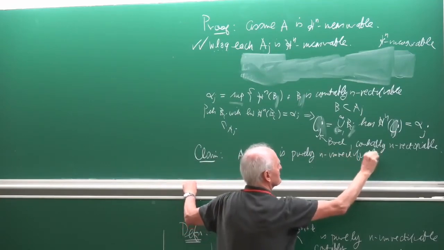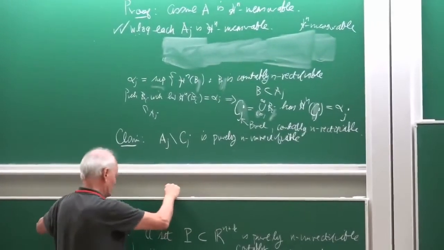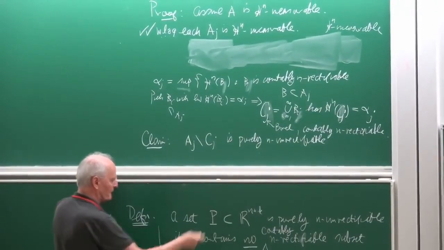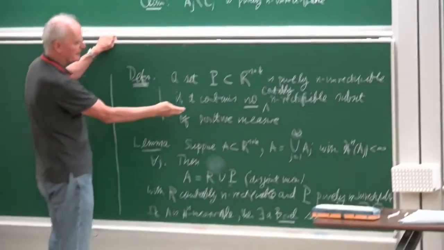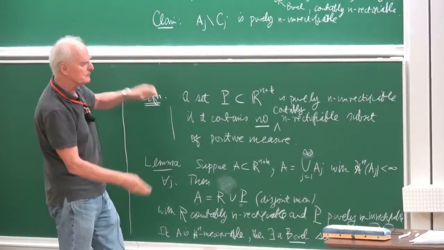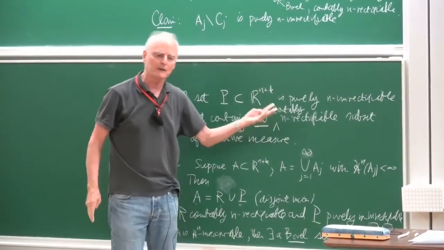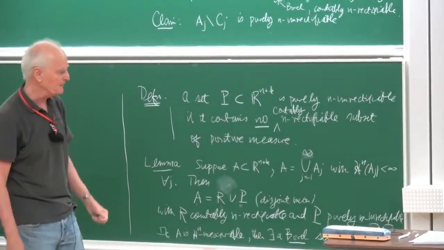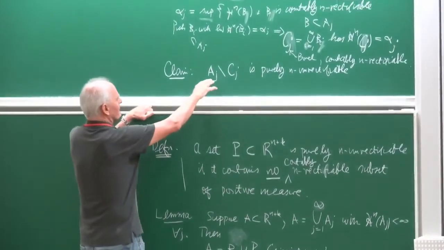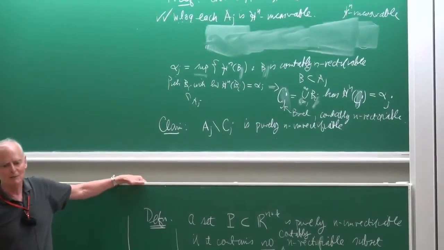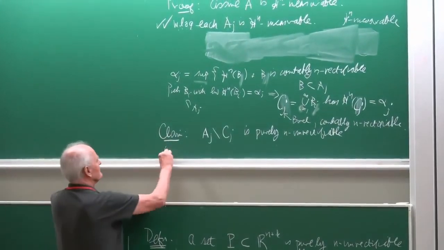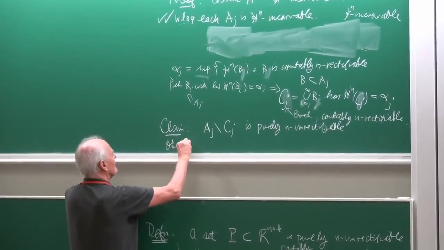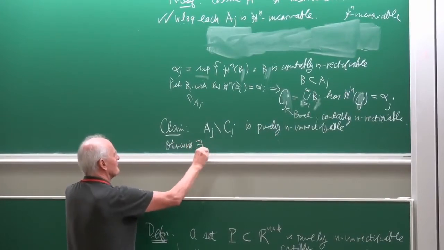If you haven't seen this before, it's a bit hard to keep track of the numerous definitions, but let me remind you, purely n unrectifiable means simply that you cannot find a countably n-rectifiable subset of positive measure inside the set, right? So that must be true for this, right? Because otherwise, you can find a C1 submanifold.